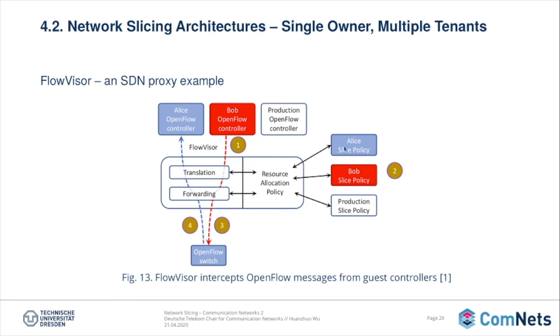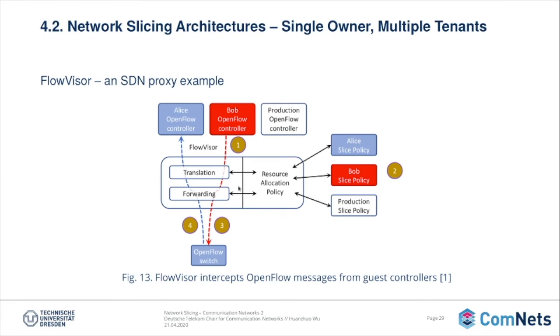So this figure is an example of OpenFlow message exchanging in an architecture using FlowVisor. FlowVisor intercepts the OpenFlow message from guest controller Bob, and then, in step 2, using the user's slice policy, it transparently rewrites the message to control only a slice of the network.